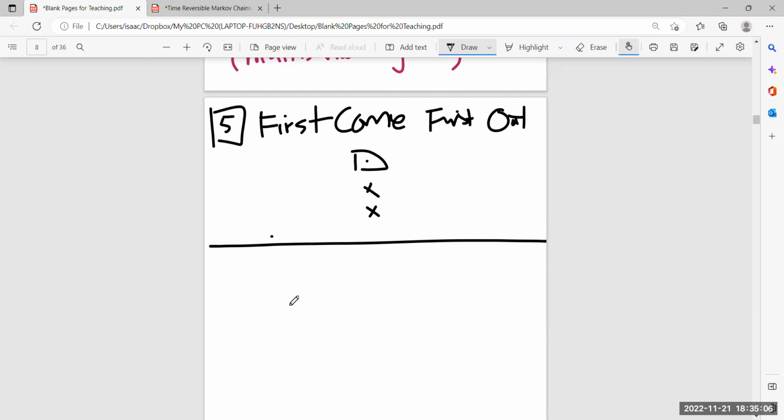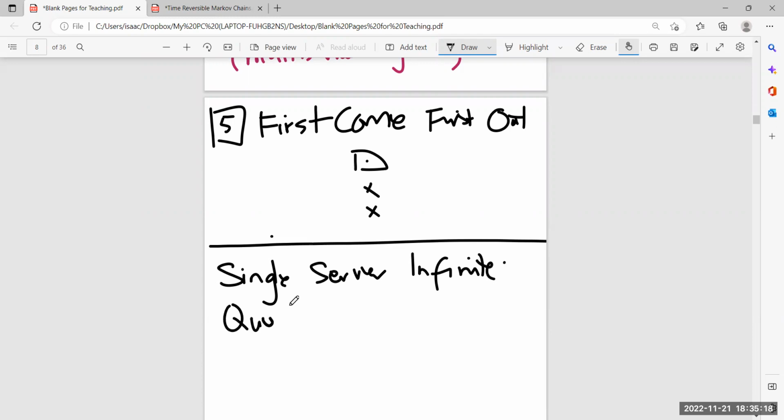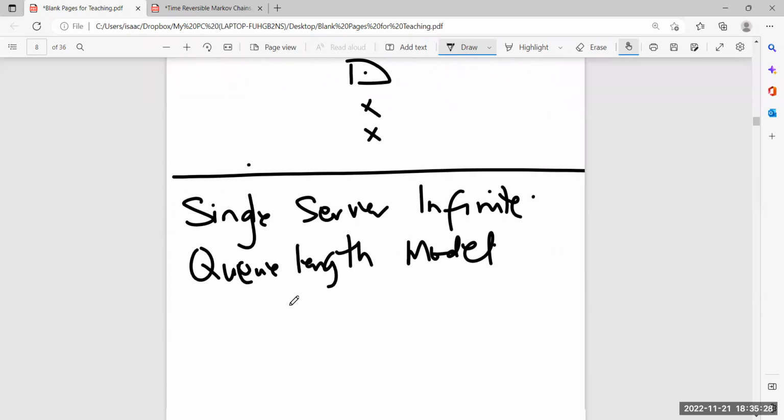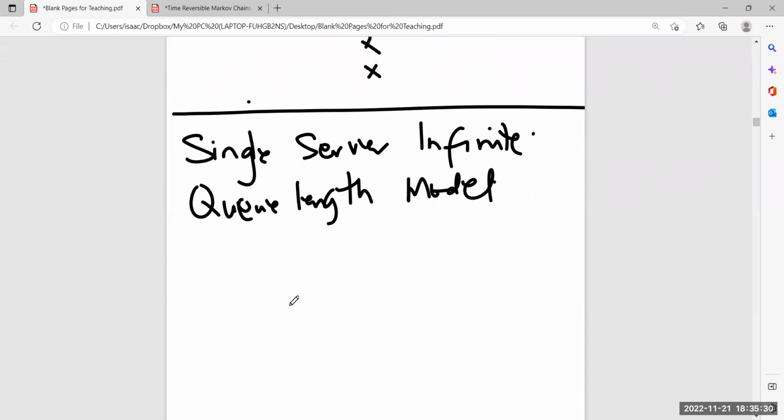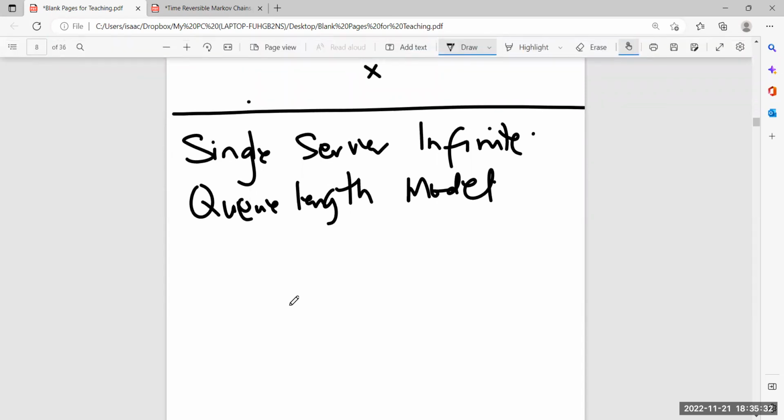So today, what we're going to look at is something called a single server infinite queue length model. So this is the one that we're going to look at today.